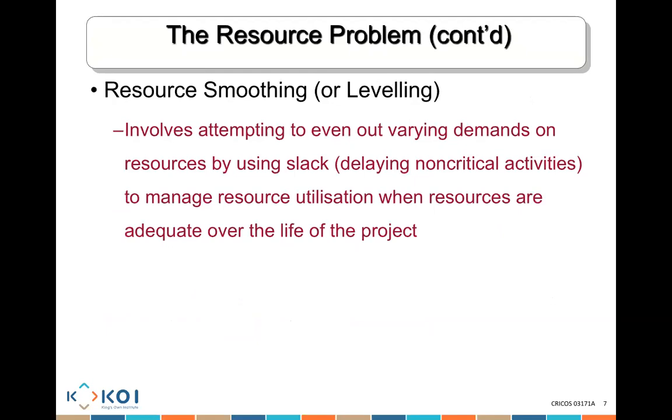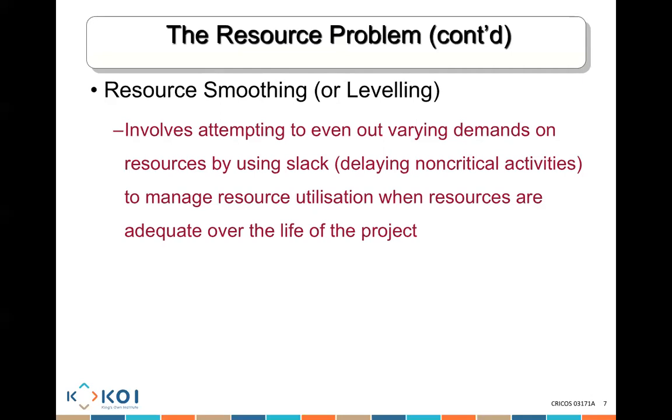Now, there's something called resource smoothing, or what we also call resource leveling. What does that mean? Well, we are trying to even out varying demand on resources by using slack.